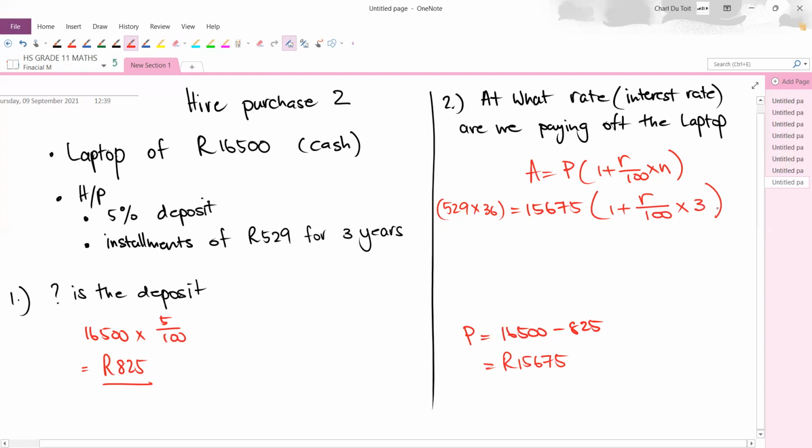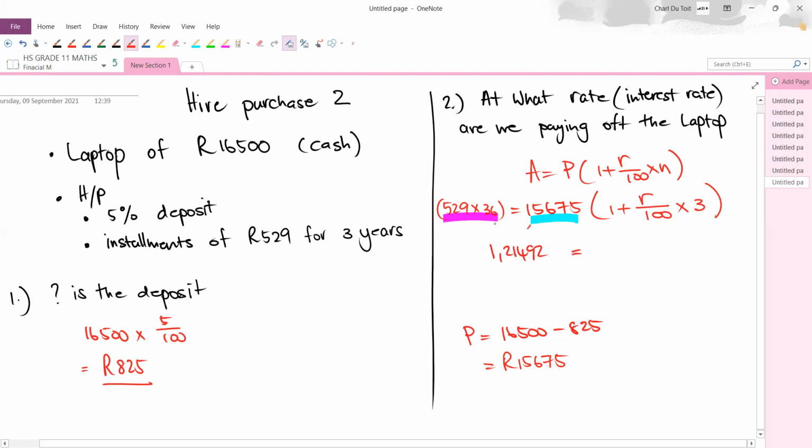So now I'm going to divide this purple part with the blue part. So I'm going to do fraction, 529 times 36 on top of 15675, and that is going to be 1,21492.